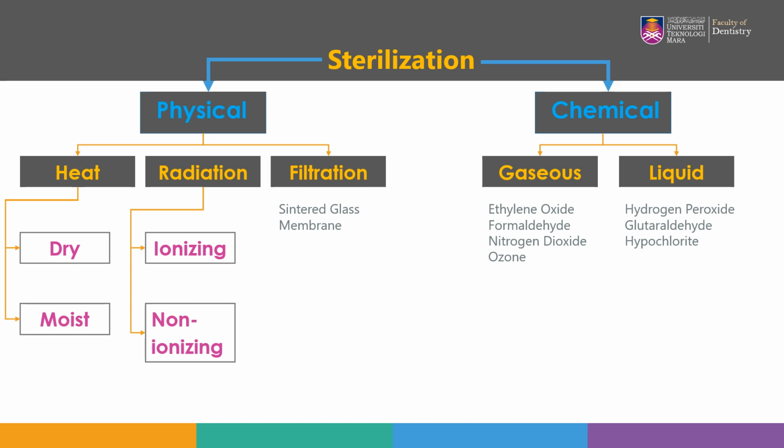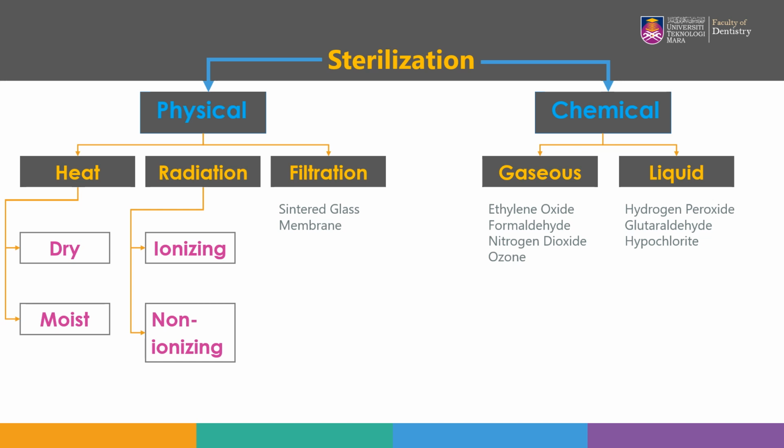Okay. As for chemical, for gas, they use ethylene oxide, formaldehyde, nitrogen oxide, and ozone. For liquid, hydrogen peroxide, glutaraldehyde, and hypochlorite. So these are the methods of sterilization available, and it depends on what instrument is suitable. So not everything can be used with a single method.